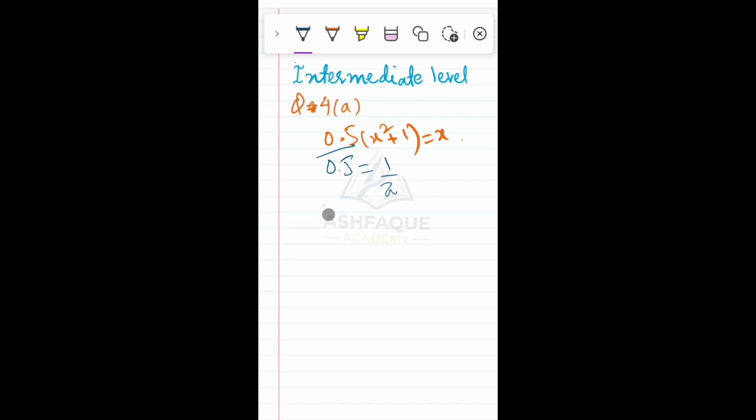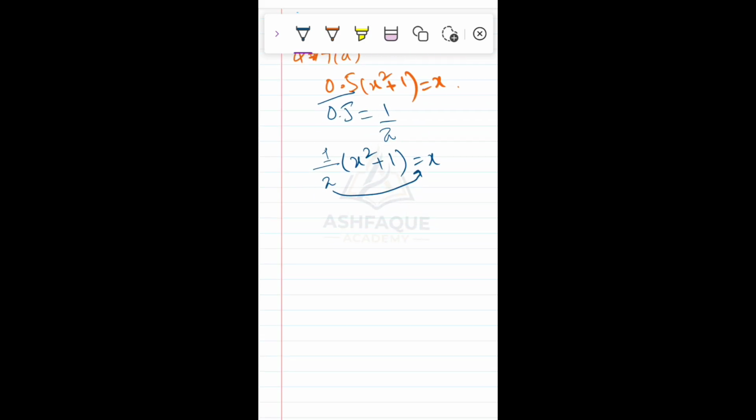So the equation will be 1 upon 2 (x square plus 1) is equal to x. 2 here is dividing; whenever it shifts to the right hand side, it will multiply with the x. So x square plus 1 is equal to 2x. We will shift 2x to the left hand side, it will be minus 2x.